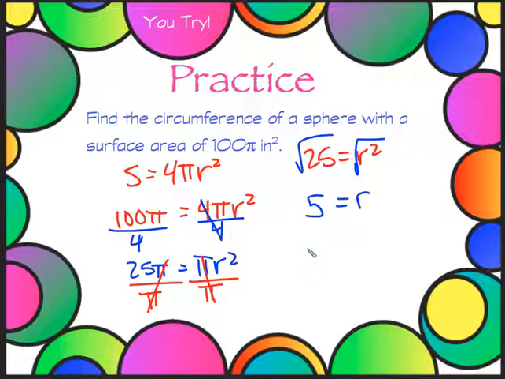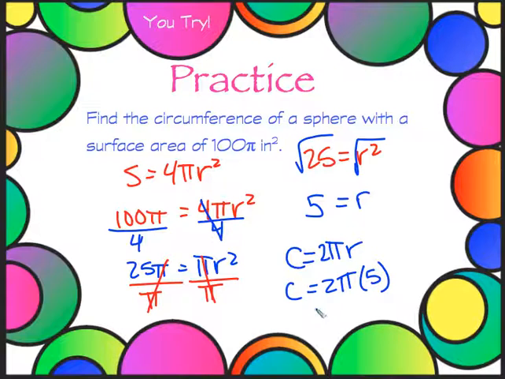So it says to find the circumference of a sphere. So it's basically the circumference of the great circle. Circumference is 2 pi r. So I'm guessing we just leave this in terms of pi since it doesn't say to round it. So just plug in 5, so we get 10 pi.